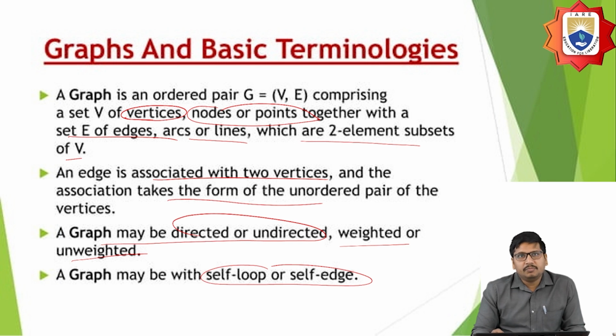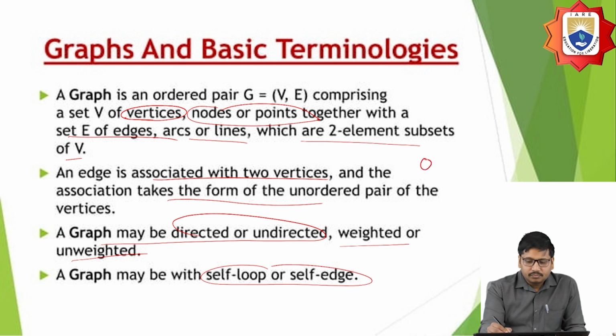So a graph is nothing but an ordered pair comprising a set of vertices, nodes or points together with a set of edges, arcs and lines, which are two-element subsets of V. An edge is associated with two vertices, and the association takes the form of another pair of vertices. These edges can be either directed or undirected.